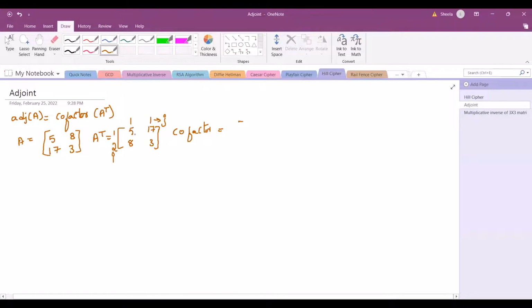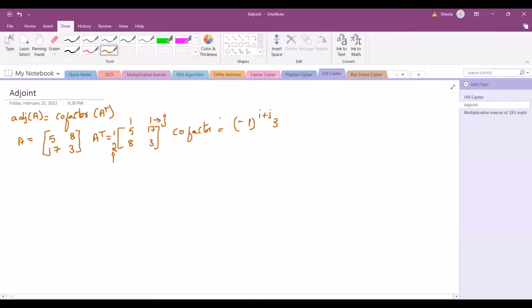If I want to find the cofactor of 5, I need to skip the corresponding column and row, and consider the remaining column and row. Here only one element is left, so I take that element. For its sign, I multiply that element with minus 1 to the power of i plus j.